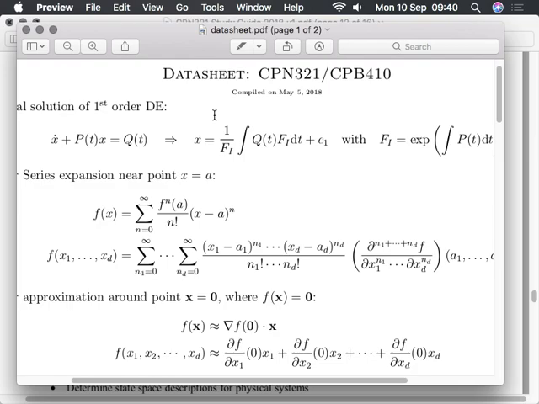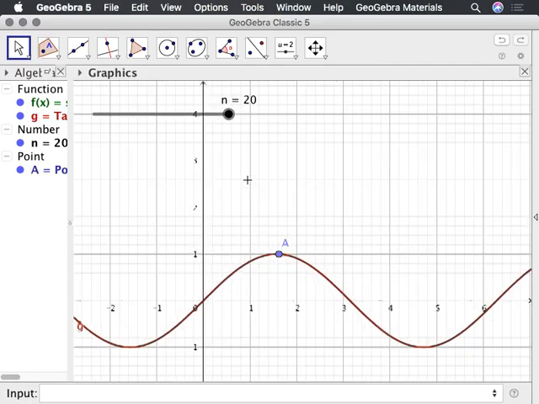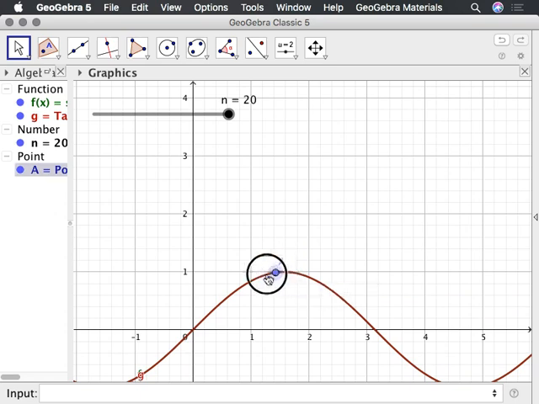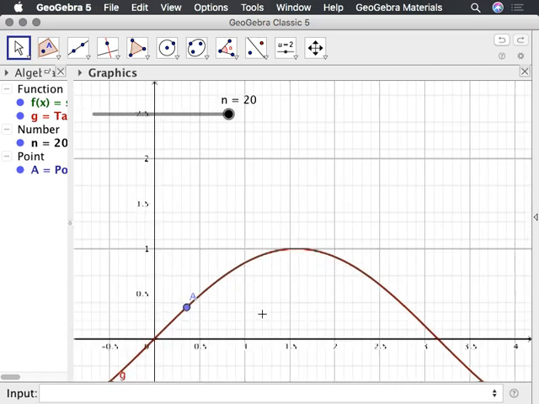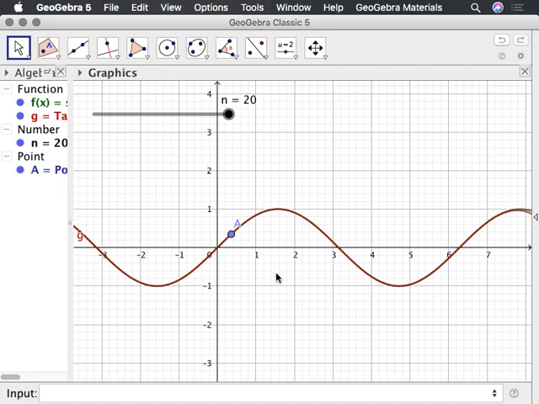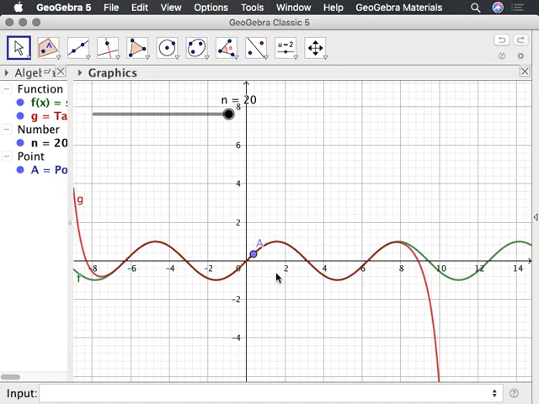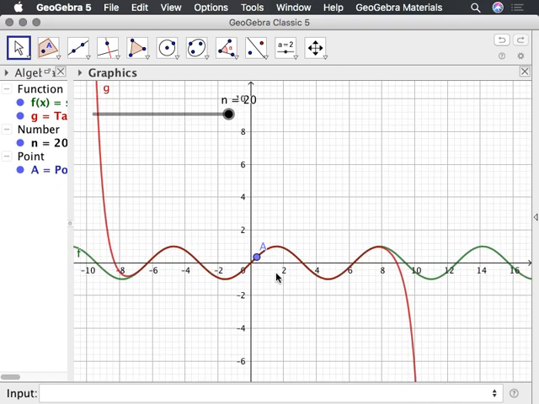But it's all very local. And so this is why I'm saying it's actually quite surprising that knowing information just about the behavior of the function right here is going to enable me to predict that that function looks the way that it does far away from the point of approximation.